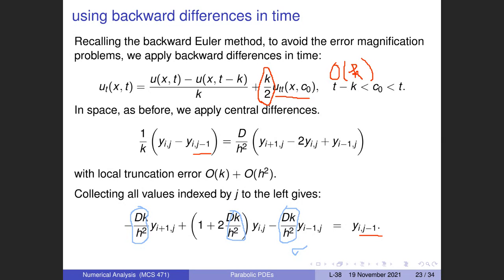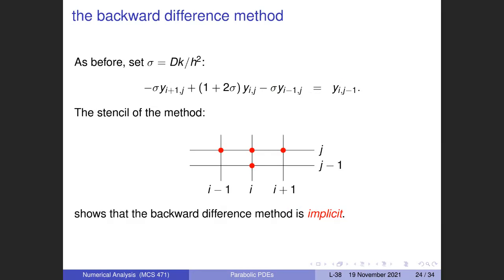So this method will not be explicit. It will be an implicit method, just like the backward Euler method that we used for solving initial value problems. We can visualize this. We have the general equation in the sigma, which is a tridiagonal equation.